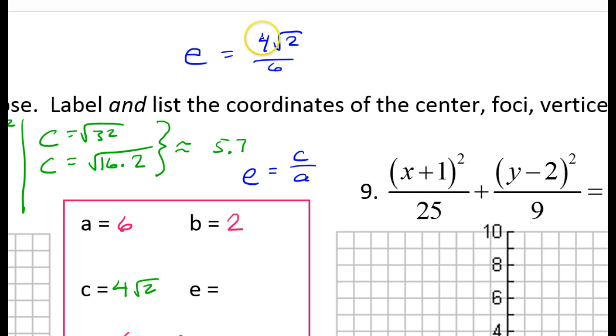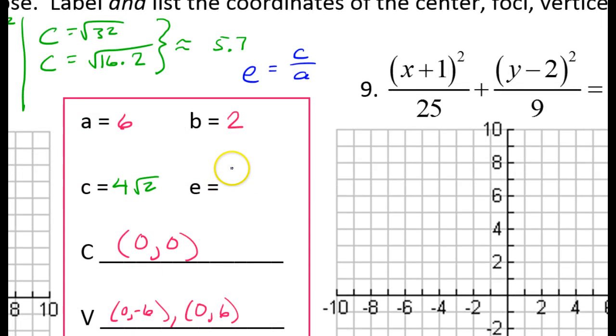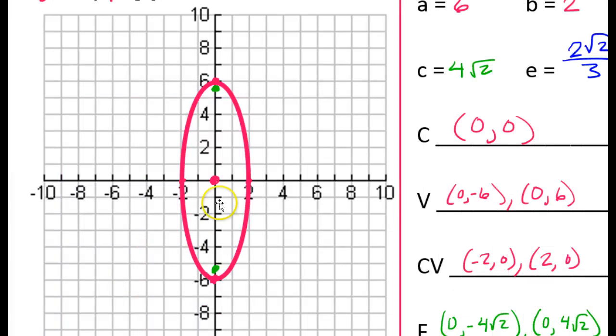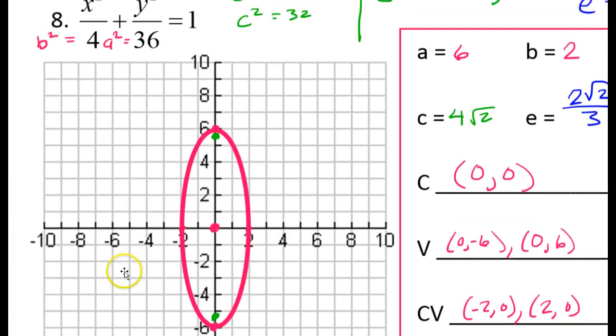So this reduces down to 2 over 3. So 2 radical 2 over 3. Then all that's left is the drawing of the ellipse. So that will do it for number 8.